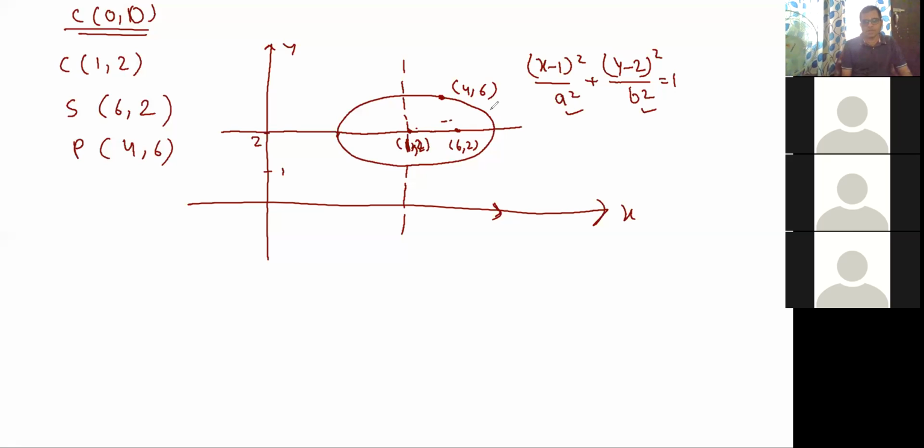So how will you get a and b? Not by shifting the center. Center is already shifted to 1,2. What is a? This is a and this is b. So you have to find this distance and you have to find this distance.